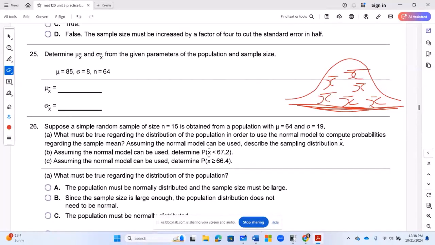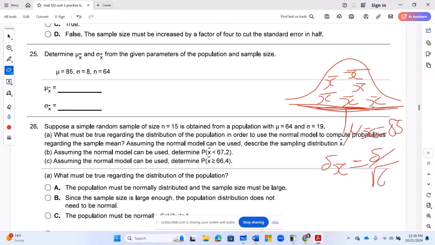And the mean of this mean distribution is mu x bar, and mu x bar is equal to the mean of the original data. So this mean is 85. The standard error of this data is equal to the standard deviation of the original data divided by the square root of the sample size.